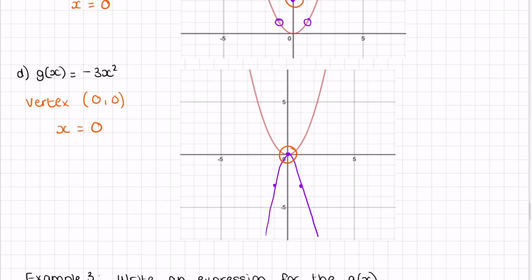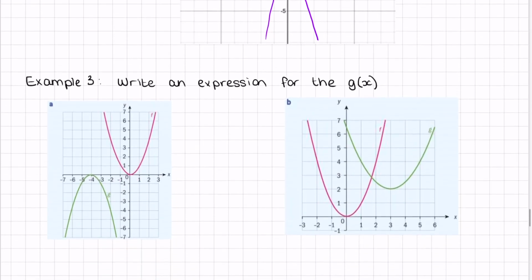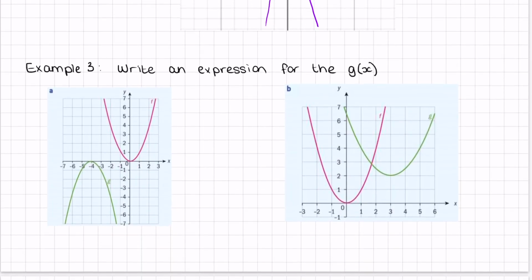Okay, example 3, we've been given the graphs, now we want to write the equation. So the purple line is our y equals x squared. And we want to see what we have to do to that to get the next graph. If we look at the green graph, we can see it's been reflected across the x-axis, which means the whole function will be negative.